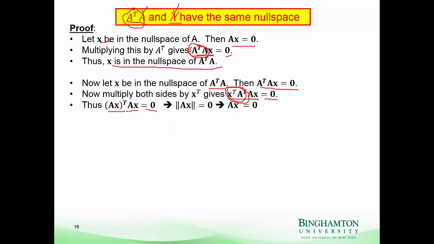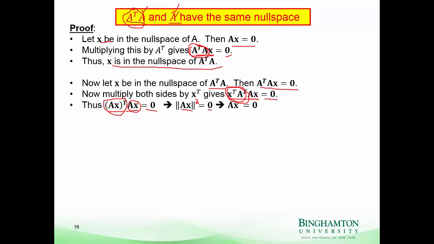But now look at this. Oh, I notice I just missed something here. This is a vector transpose times itself. That's the norm. Well, technically the norm squared, so I should have a square here. That's the norm squared of AX. So the norm squared of AX is equal to 0. Remember, we said the only thing that has 0 norm is the 0 vector.